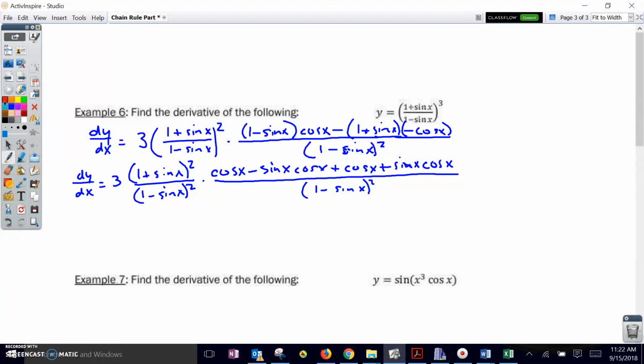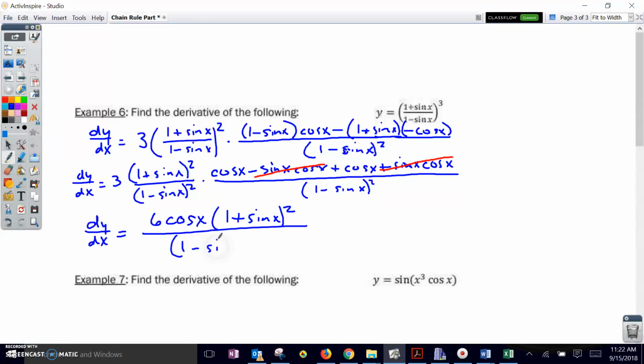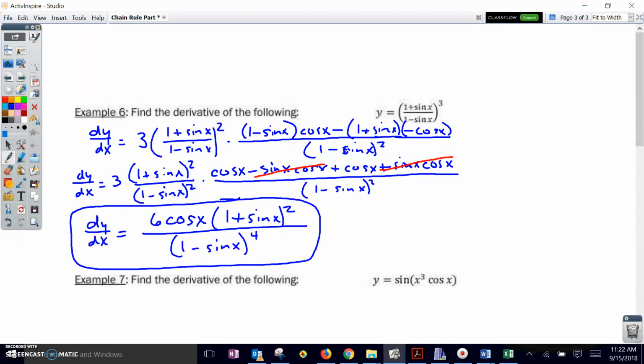And now the sine of x cosine of x's in the numerator here cancel out, and we end up with 2 cosine of x there. And so squeezing this all together, we're going to have 6 cosine of x times the quantity 1 plus sine of x quantity squared, all over the quantity 1 minus sine of x quantity to the 4th power. And there's our derivative for example 6.